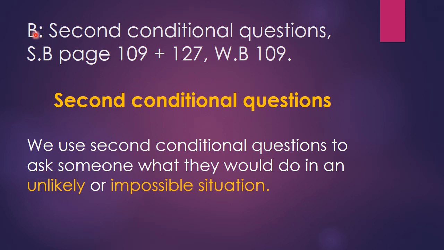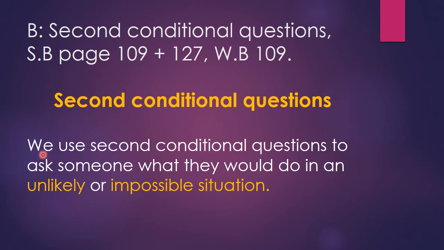Okay, so now B, second conditional questions. It's in your student book, page 109 and page 127 in the grammar focus section, and for your workbook it's on page 109. So second conditional questions.